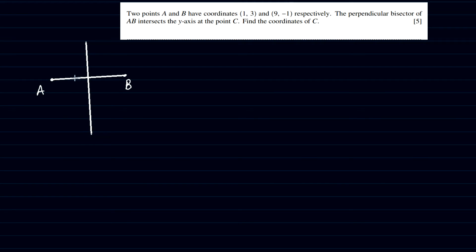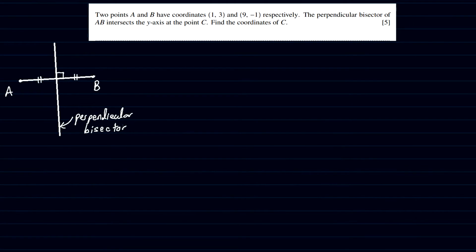What we're saying here is we have A and B, 2 points, and the perpendicular bisector, which should make a right angle with AB here. Remember, perpendicular means at right angles with. Bisector means the line has to divide the line joining A and B into 2 equal parts. So this line here is the perpendicular bisector.